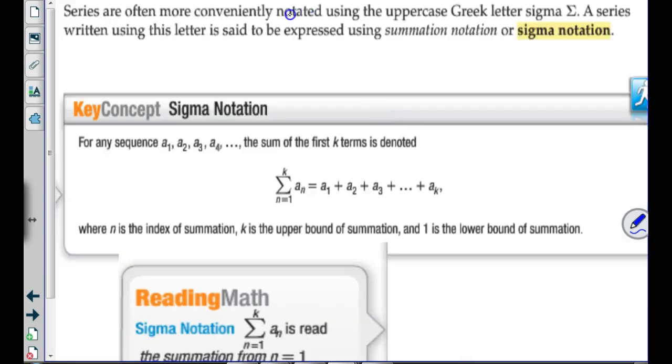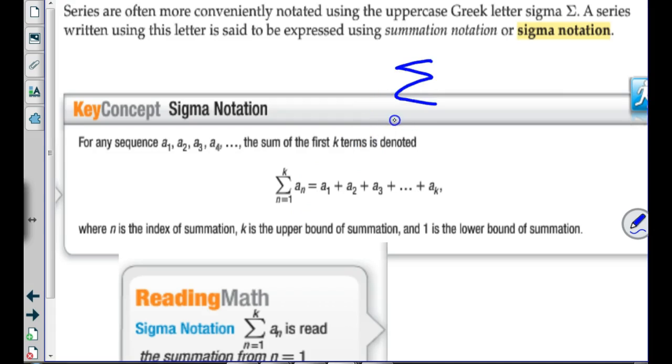Series are often more conveniently denoted using sigma notation. Okay, we used to have to do these all by hand, but your calculator now will do this summation notation if you have a newer calculator. Even the old ones do, it's just a little bit different, okay? But this is called a sigma notation.